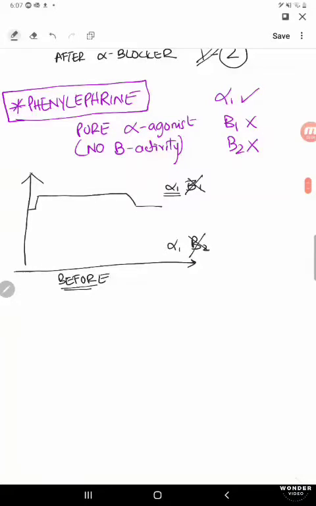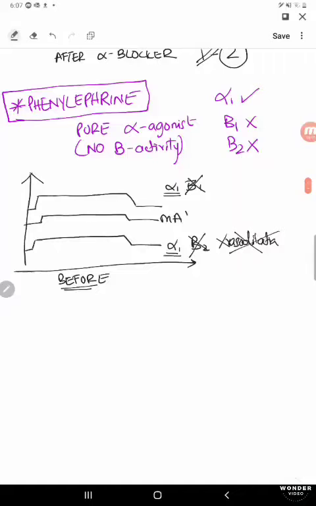Again, no beta 2 activity, no vasodilation, right? So when there is no vasodilation, instead there's vasoconstriction, so we will see an increase in our diastolic blood pressure and therefore an increase in our mean arterial pressure. Okay, I hope that is clear.